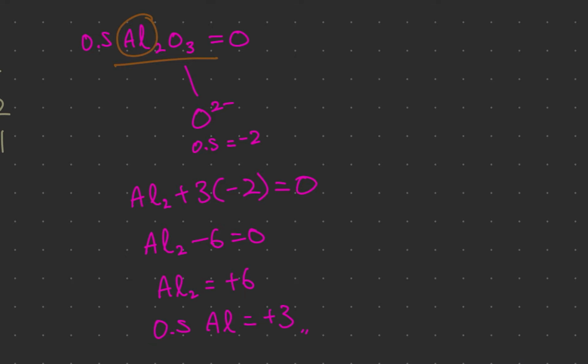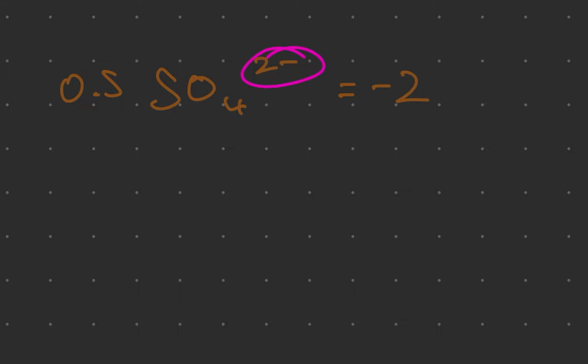Alright, so let's do the sulfate ion now. For the sulfate ion, its oxidation state would be -2. So let's say I want to find the oxidation state of sulfur in sulfate. Same thing as just now.